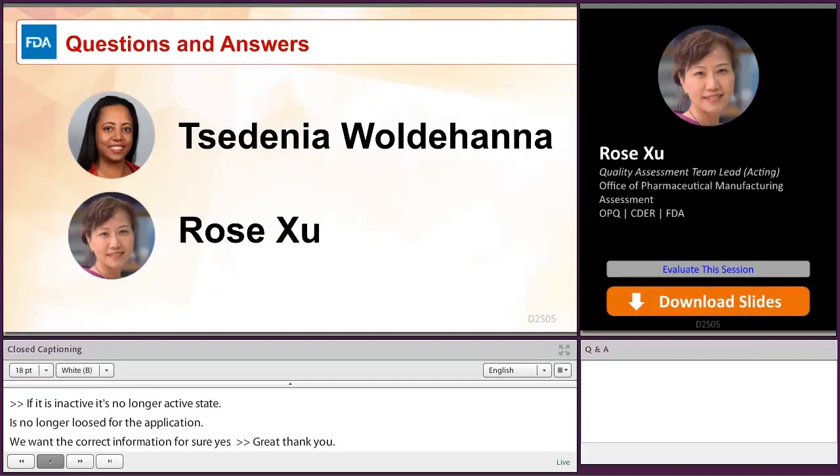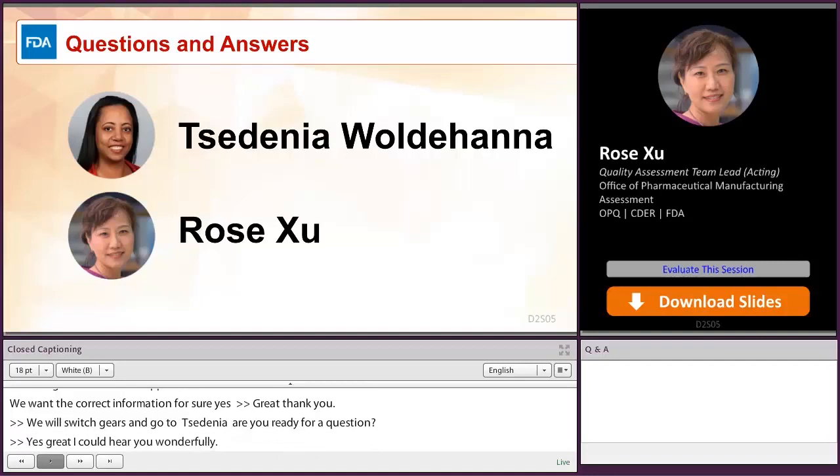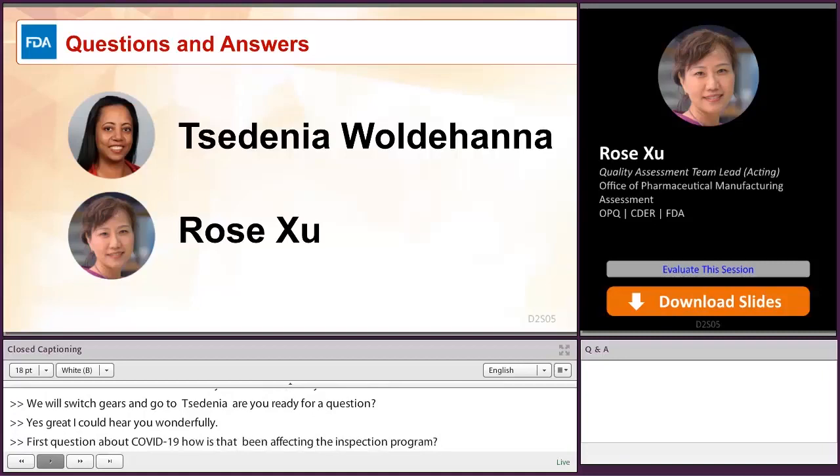So the first question is about COVID-19. How has this affected the inspection program? Are inspections being delayed or postponed right now? So with this COVID, currently only essential personnel are available. So the agency or our office is evaluating what are our other methods for conducting surveillance programs.